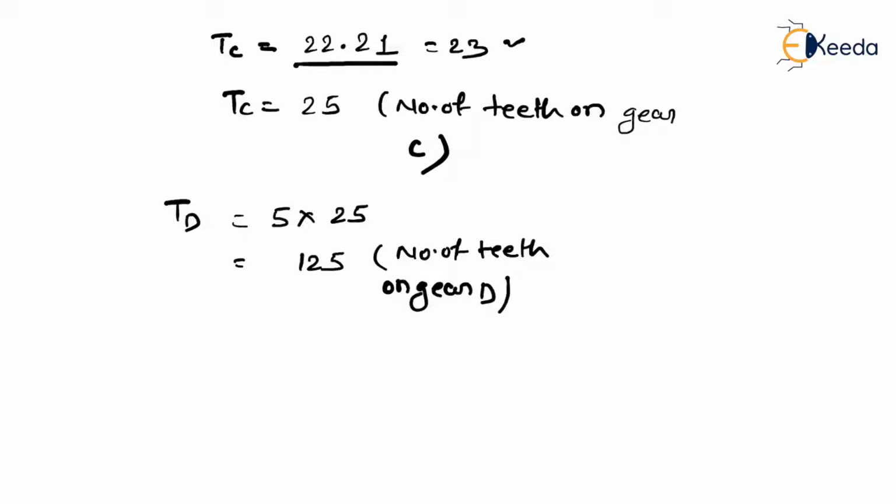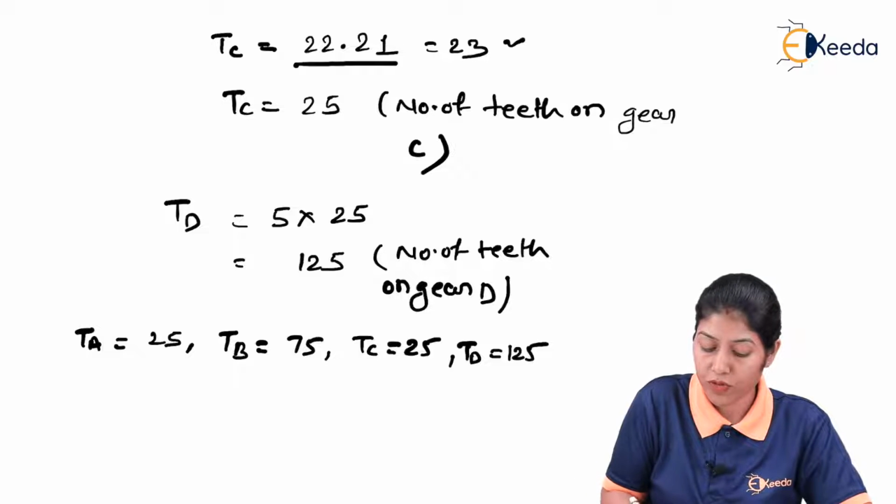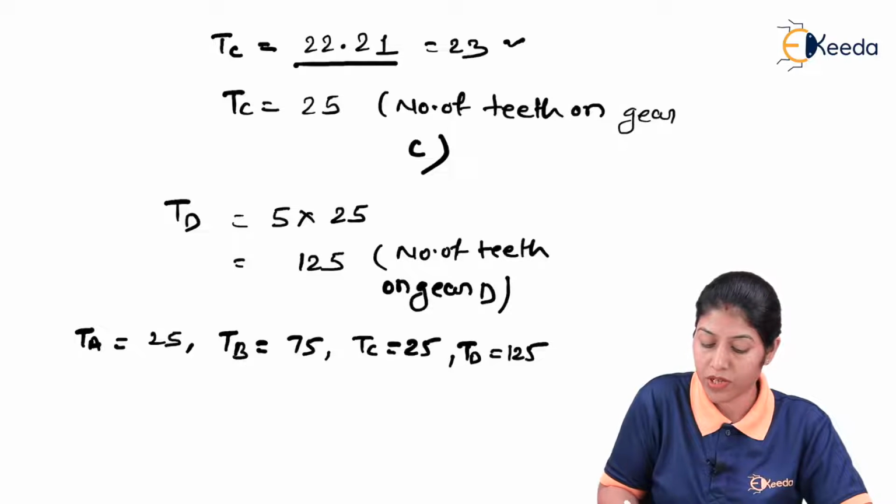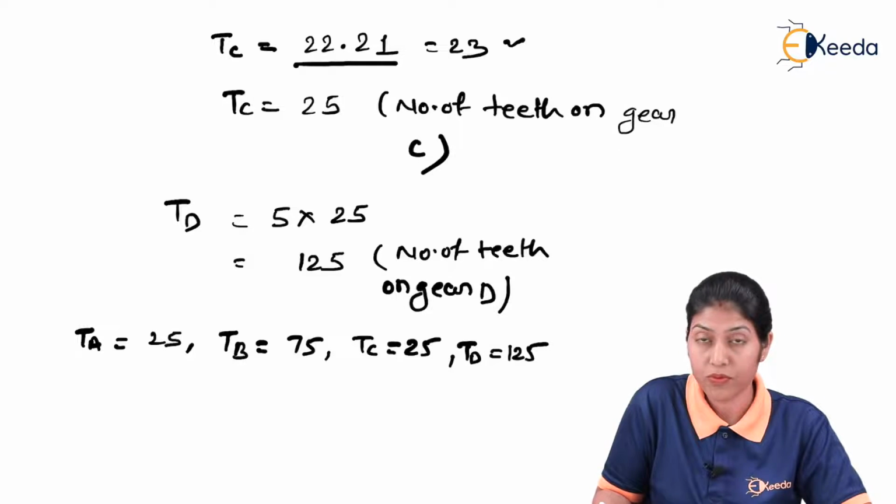So here we have the solution of this numerical: TA is 25, TB is 75, TC is 25 and TD is 125.